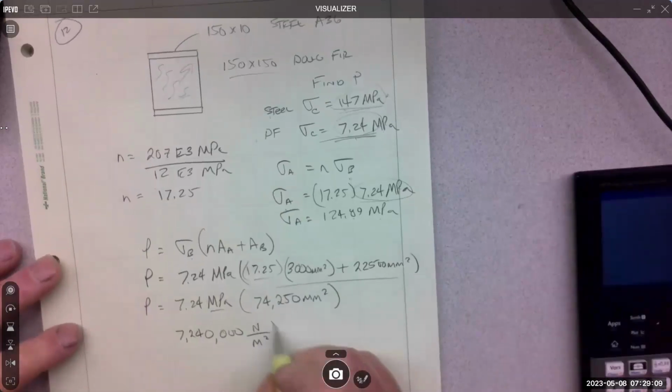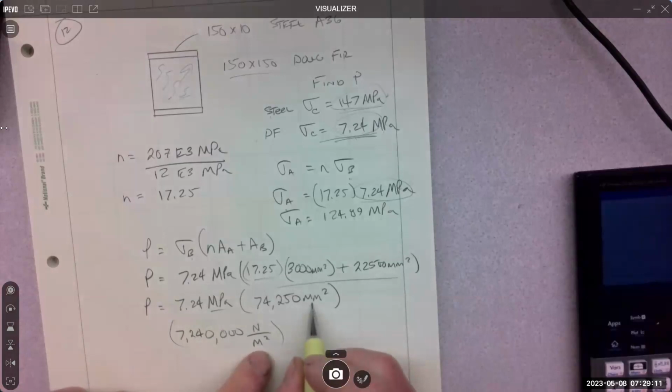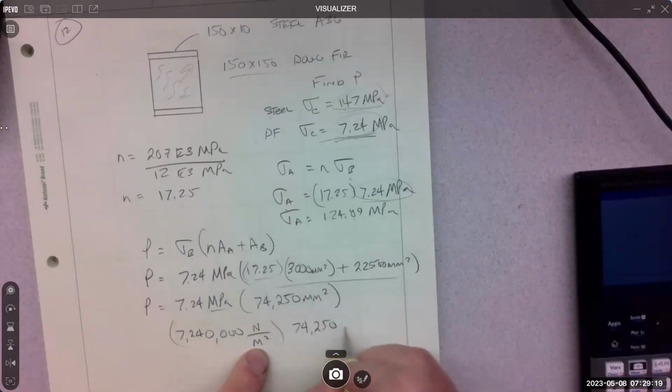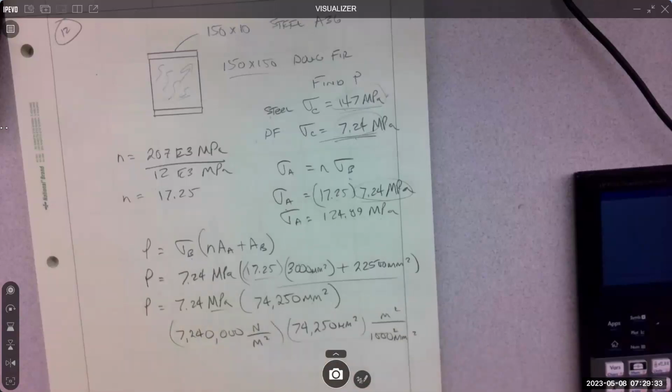All right. But now I have a problem with this, and I got to convert, right? So I'm going to put this 74,250 in there and multiply it by 1,000 millimeters squared per meter squared, right?